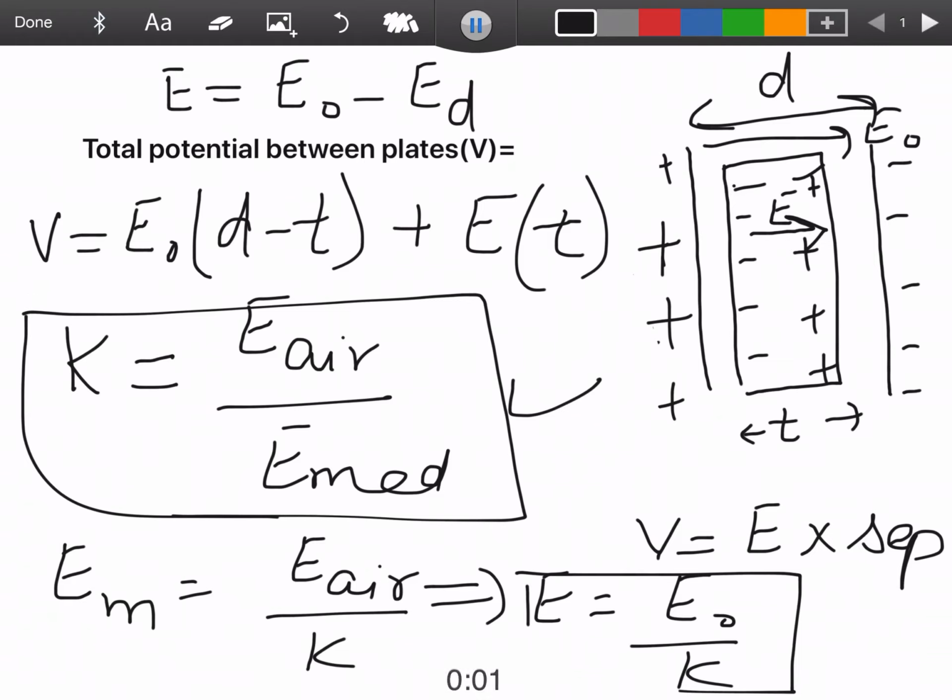So we will be using this expression over here to proceed further. So you must write these down.